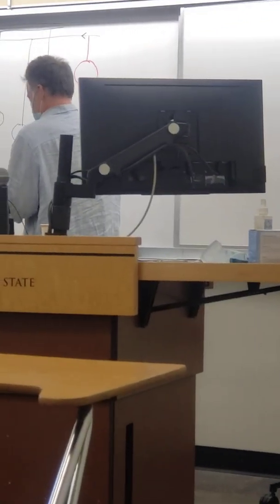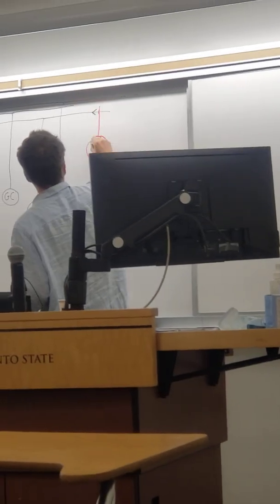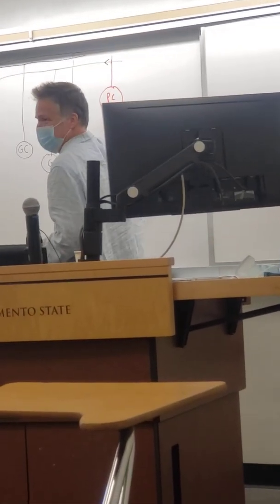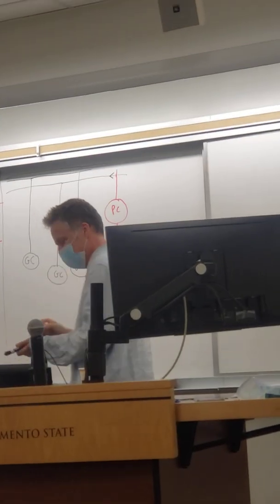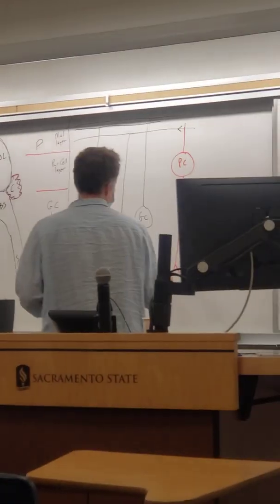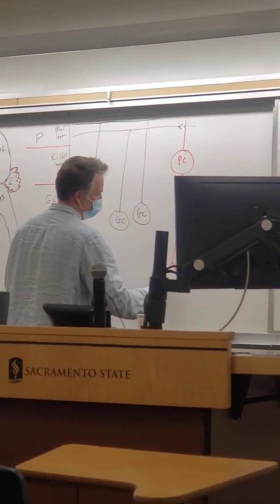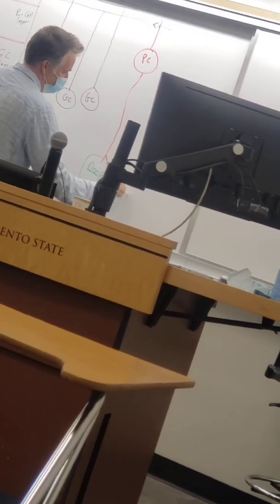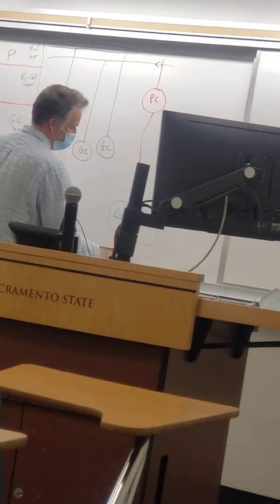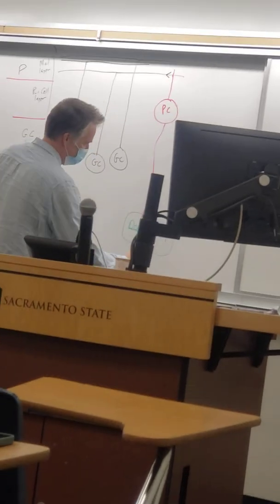In fact, it's like this. The granule cell is synapsing on this Purkinje cell, and then the Purkinje cell talks to the deep nuclei. And the deep nuclei are the output from the cerebellum.